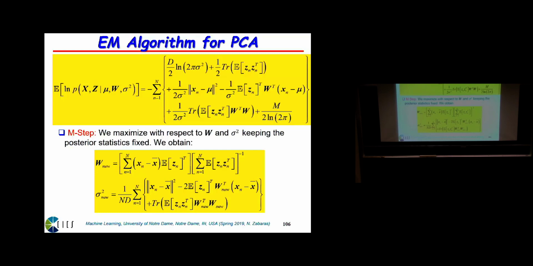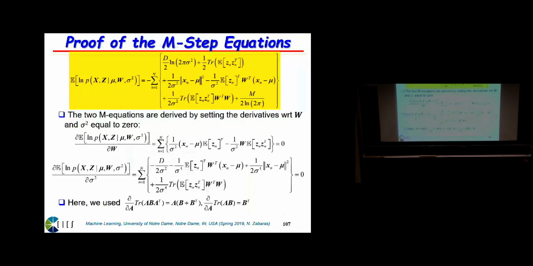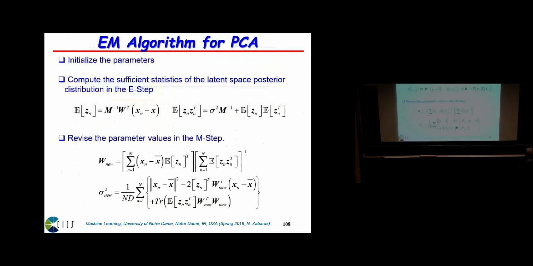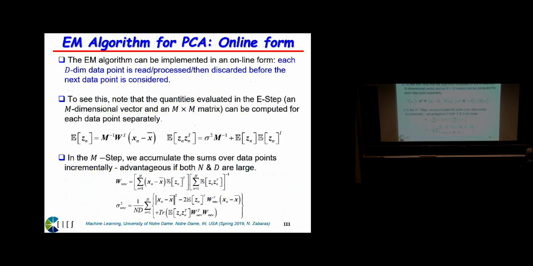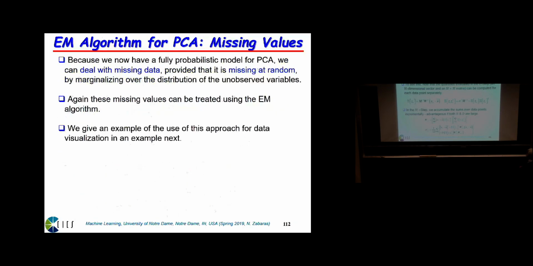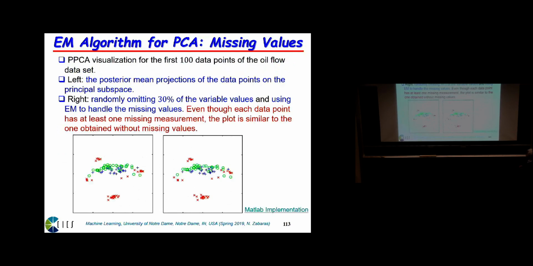You can write this in an incremental form, even the inversions, and I think that's the best way to implement the EM algorithm. The proofs are in the slides, but it's just simple algebra.